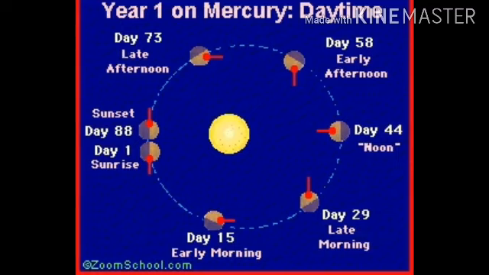Look at this picture. In this picture, we can see the orbit of Mercury. The planet Mercury is moving around the Sun in its own orbit. At the end, we can see Mercury takes 88 days to complete one round along its orbit.